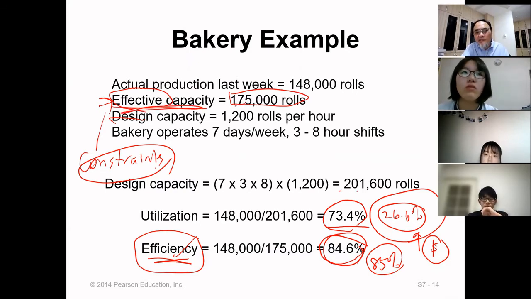Design is 200,000, but actually we cannot achieve 200,000.